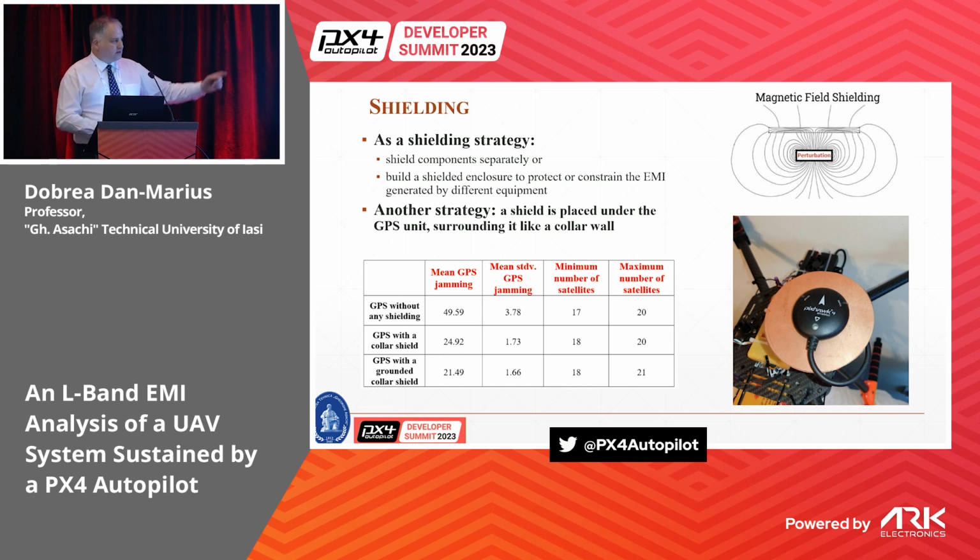And you'll see that by using this kind of shield, the GPS jamming indicators go down by half. And this proves the efficiency of this system. And moreover, if you connect that shield to the ground, you will get slightly better results.